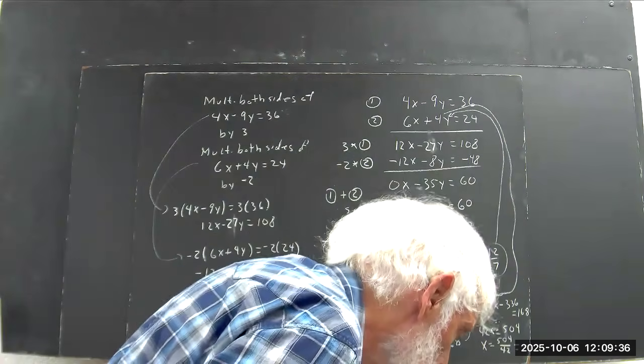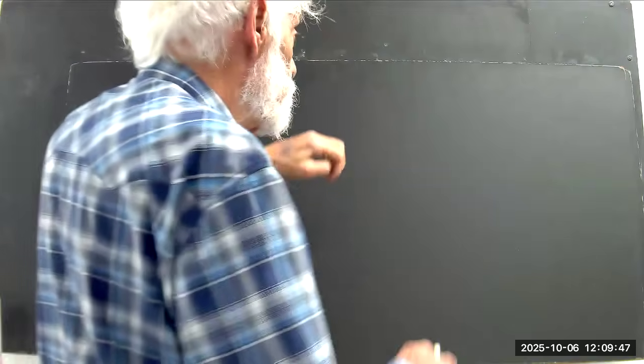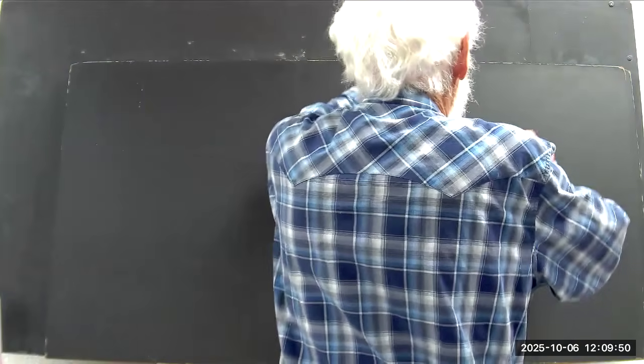So let me give you another couple of problems. The trickiest step is getting the equations to match up. Okay. So see if you can get these equations to match up.